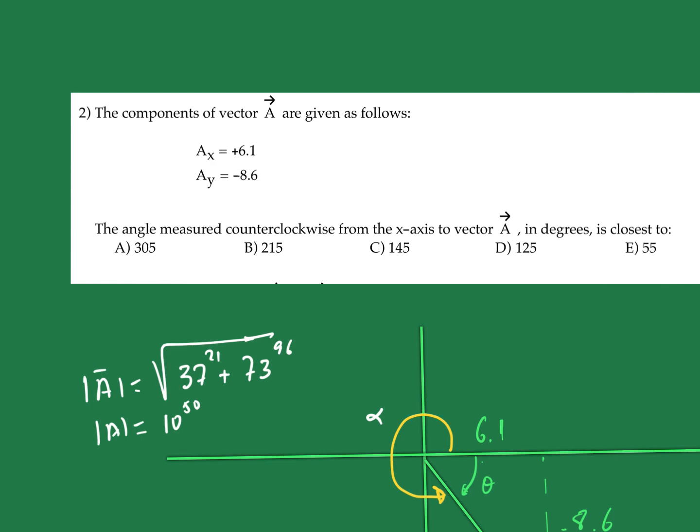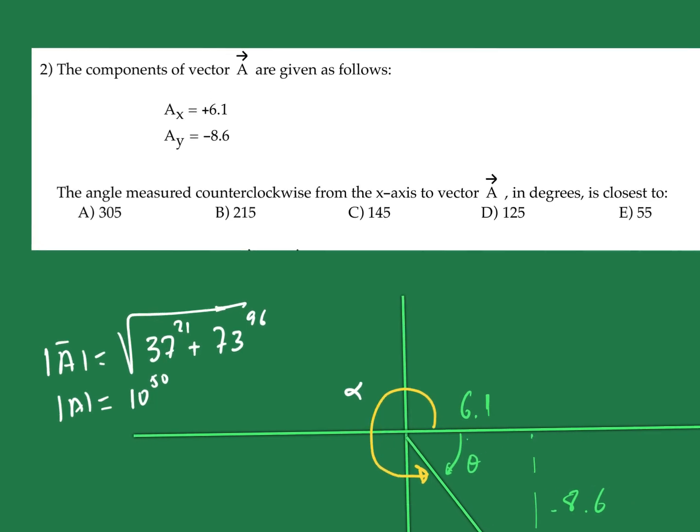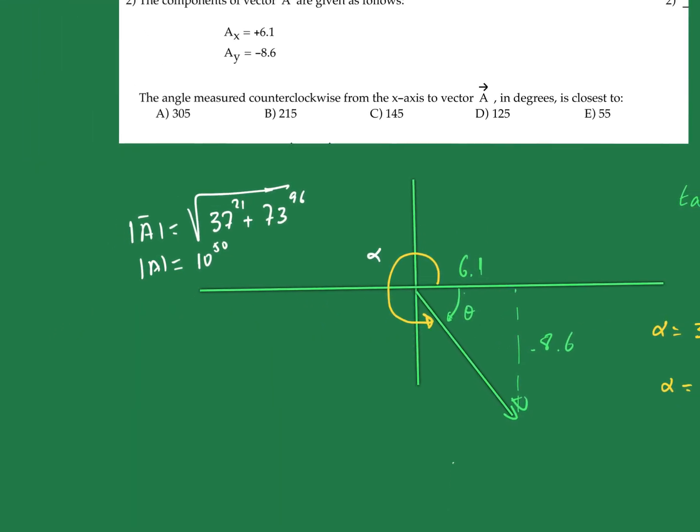Okay, this question says, I give you the components of the vector. If you give me the components of the vector, you give me the vector. The two components of the vector are 6.1 in the x direction and 8.6 in the j direction. And it asks for the angle, measured in degrees, through the x-axis. This angle, how much is it?